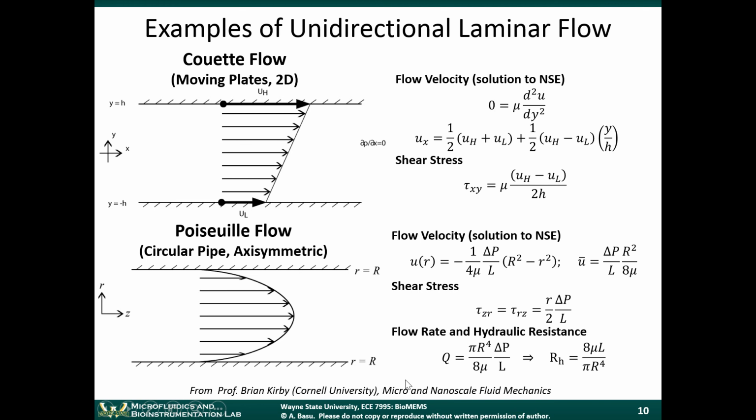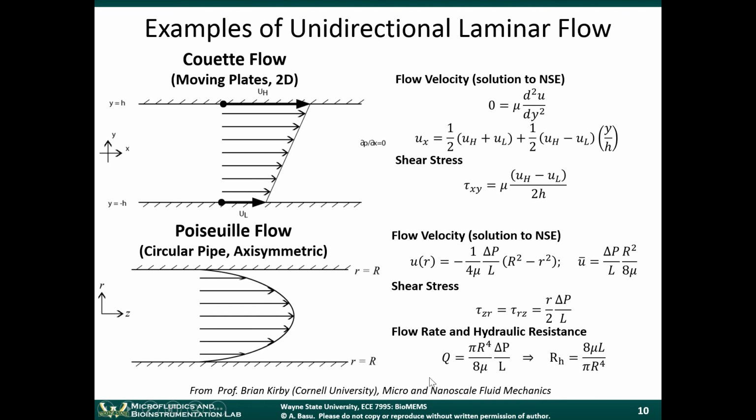Now, if we take the ratio of flow rate to pressure gradient, then we can find the hydraulic resistance. First of all, the flow rate is the average velocity times the cross-sectional area of the pipe. So this is the relationship for the flow rate.